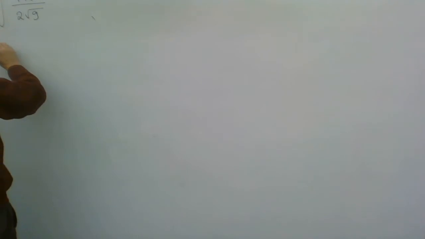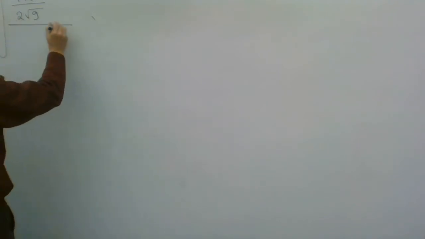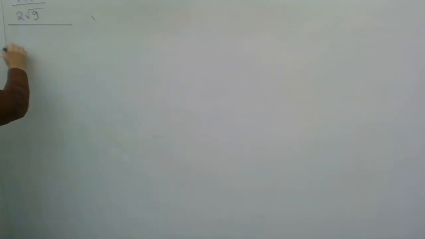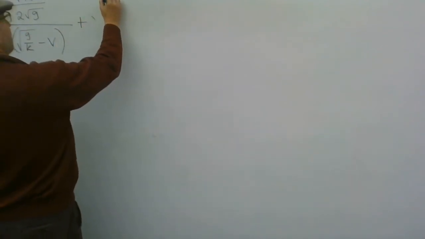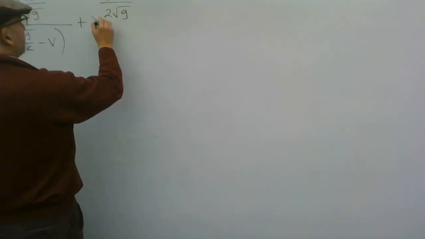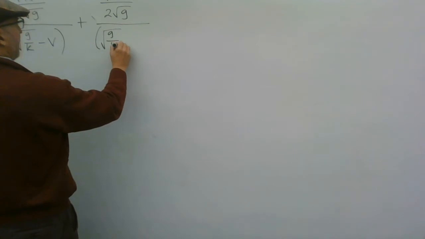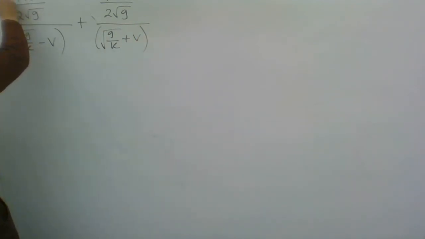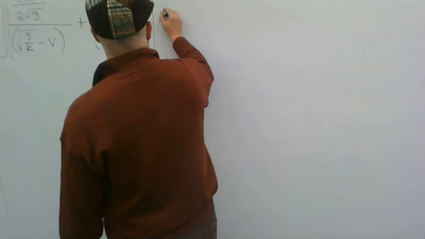All right, so let's get a bit of room here. I'm trying to find the integral of a, which is root k on 2 root g, on root g on k minus v, plus b, which is root k on 2 root g, on root g on k plus v, all that dv.